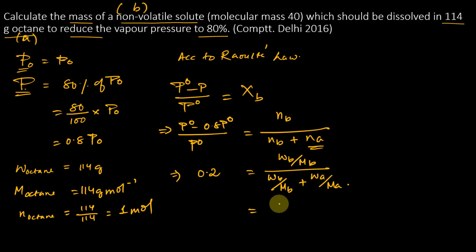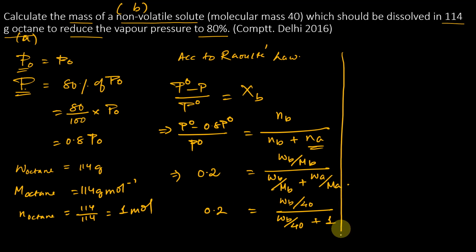So it will be WB by MB, where WB is the weight given, divided by MB which is 40. Weight given divided by 40 plus 1. Okay, 0.2. So the calculation turns out to be 0.2 into WB divided by 40 plus 0.2 is equal to WB divided by 40.